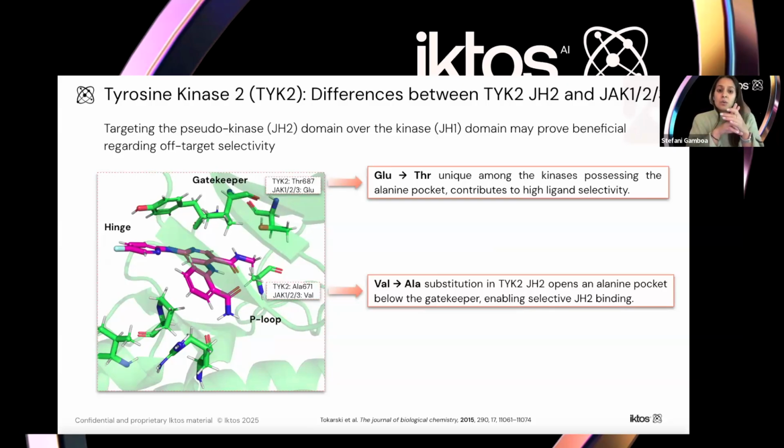The second distinguishing feature is at position 687, where TYK2 has a threonine instead of a glutamate, which is found in JAK1 and also JAK3. These subtle and meaningful differences are what set TYK2 apart from the rest of the JAK family and allow inhibitors to bind selectively to this allosteric domain.